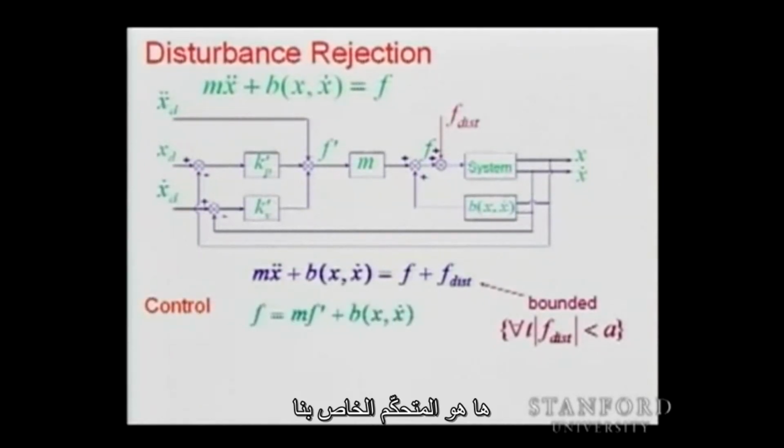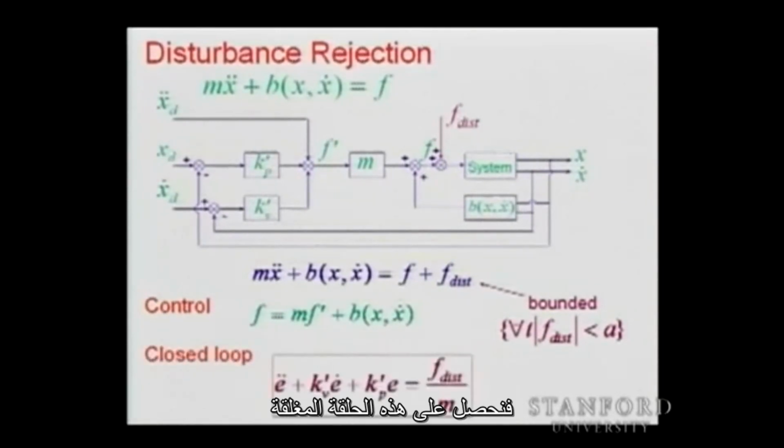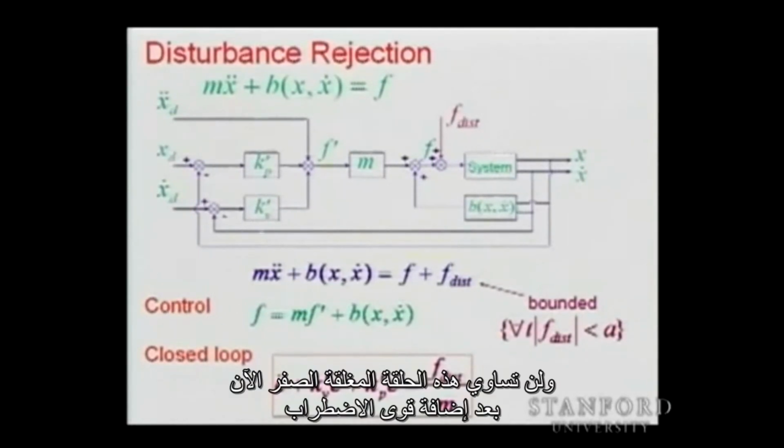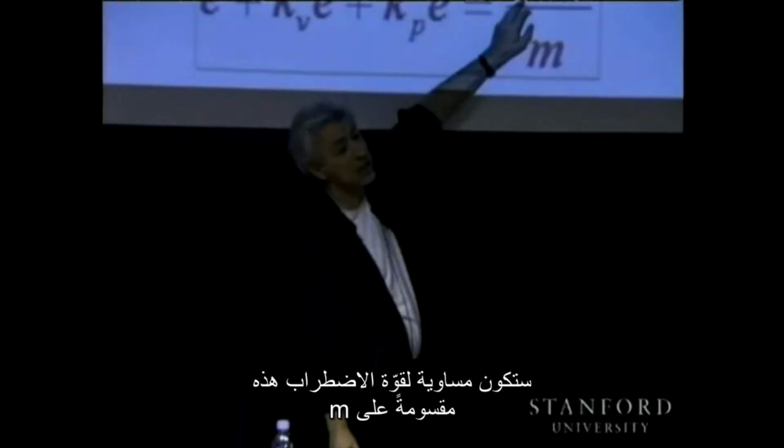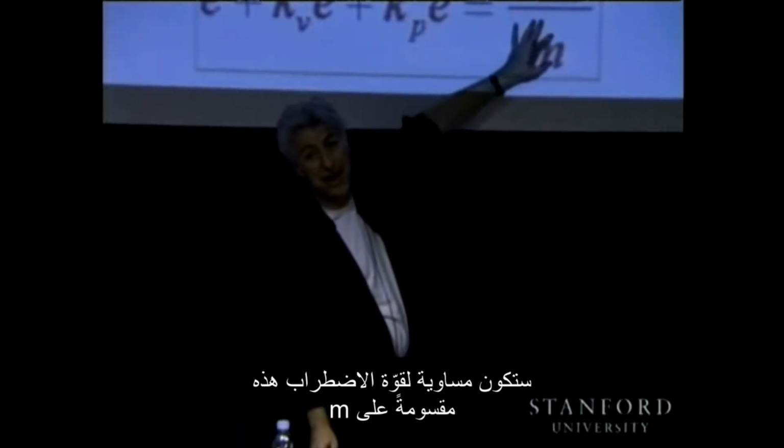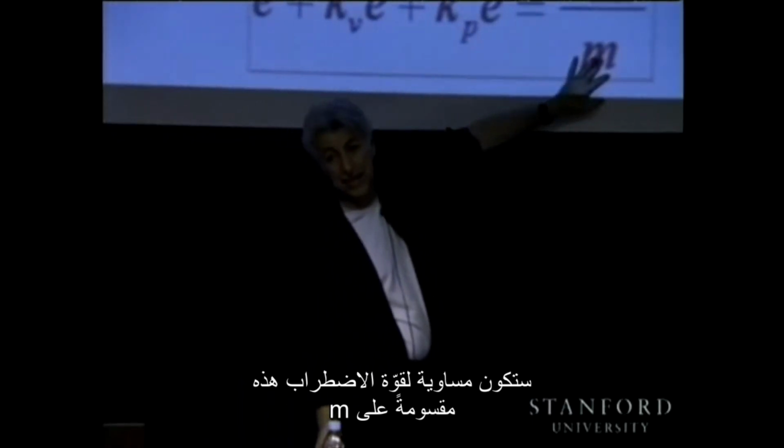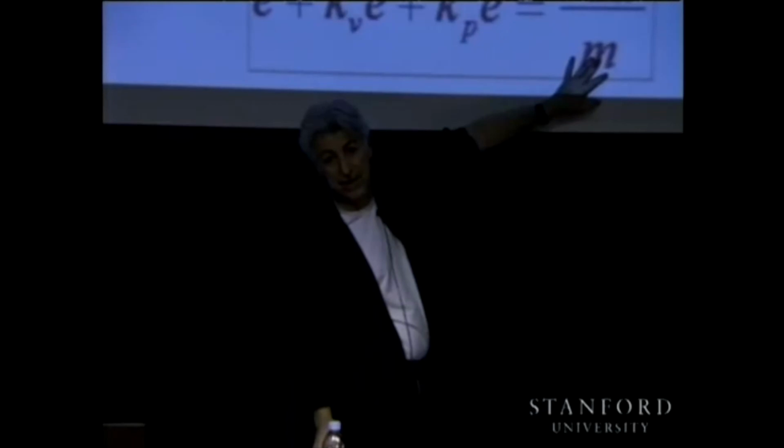Here is our controller with f prime, scaling it by the mass estimate and B estimate. We are getting this closed loop. So this closed loop now is going to be equal not to 0, but with the disturbance force, it's going to be equal to this disturbance force divided by m, right?